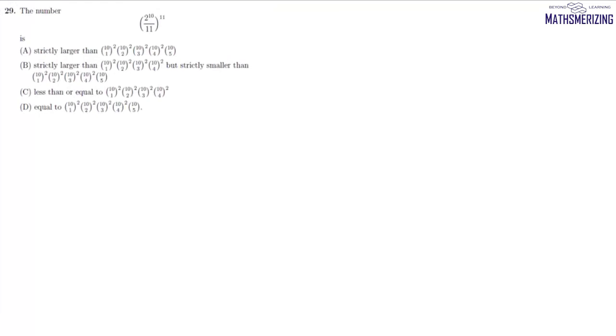Now question number 29 is, this number 2 to the power 10 upon 11 to the power 11 is which of the following options? Now we look at 2 to the power 10, we can write this as 10C0 plus 10C1 up to 10C10.